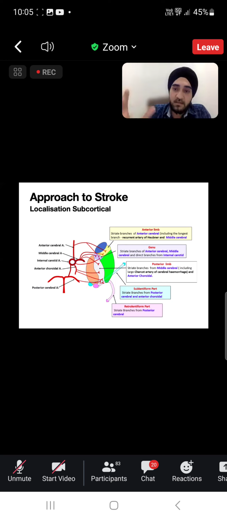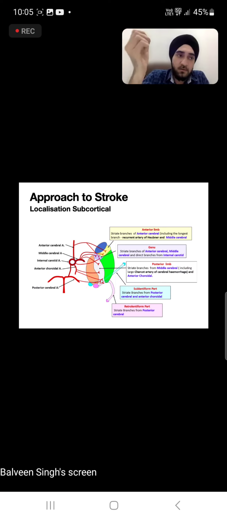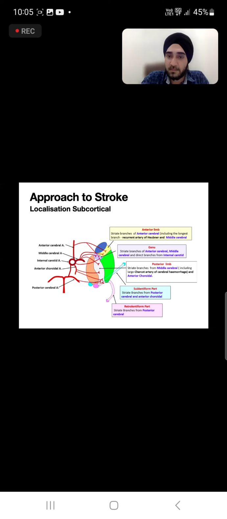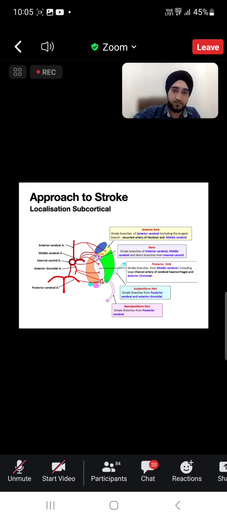It is dense. Imagine all the functioning fibers accumulating there. If something is special, everybody wants to come and say hello to that special person. And when I say everybody, all the arterial supplies are going to come and say hello to the internal capsule.